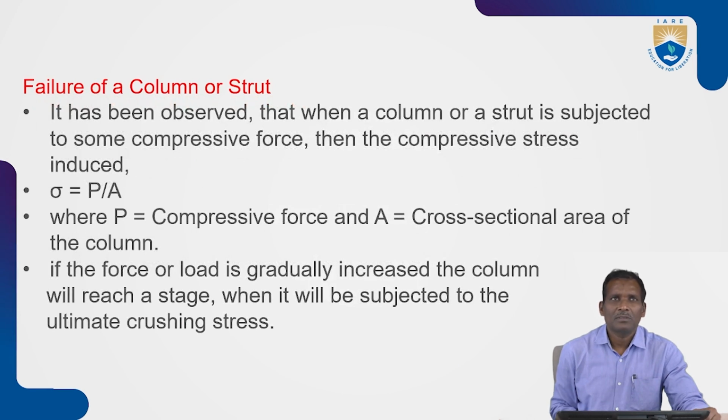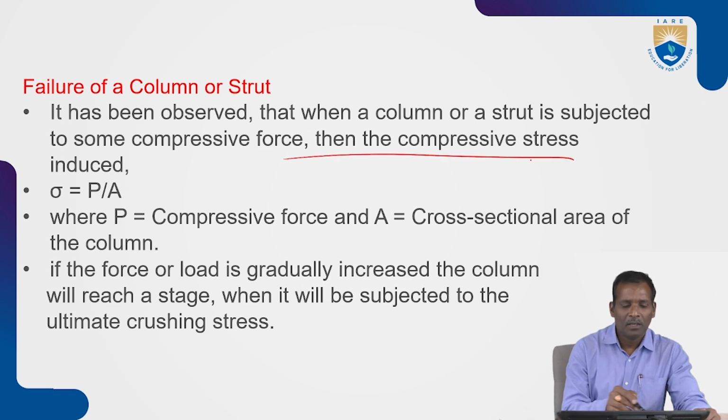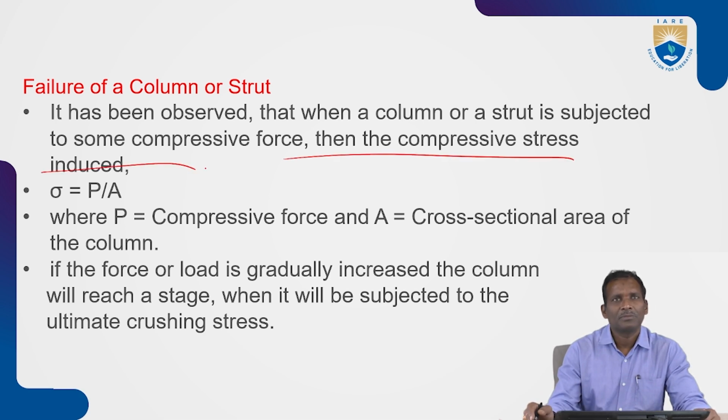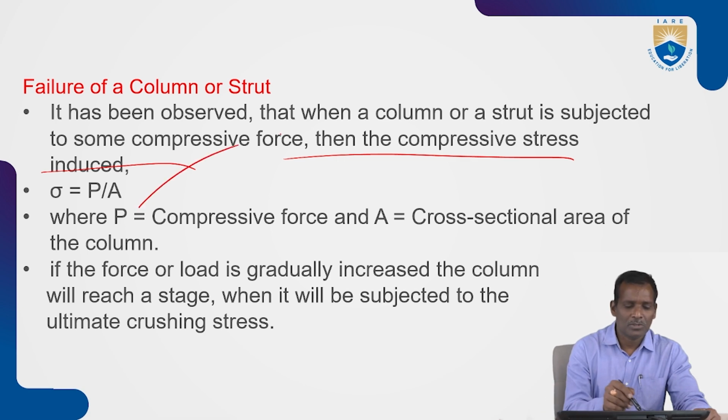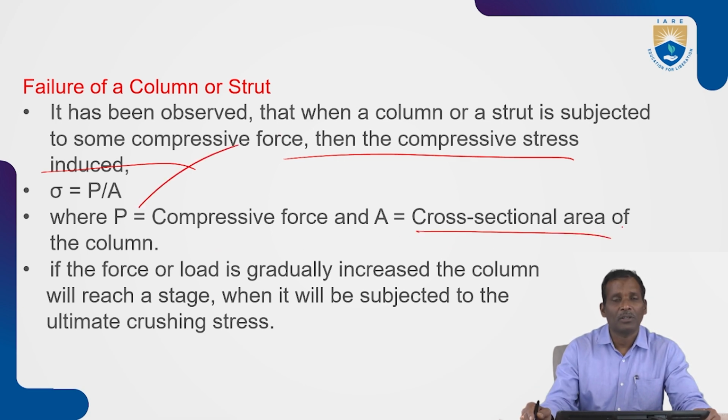So failures. What are the important failures of a column and strut? It has been observed that when a column or strut is subjected to some compressive force, the compressive stress induced is P by A, where P is the compressive force and A is the cross-sectional area of the column.